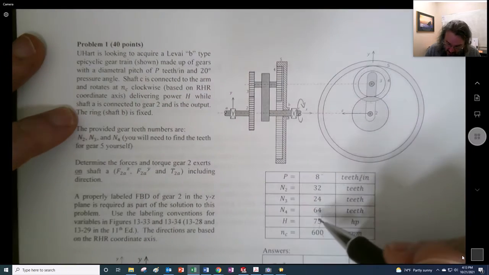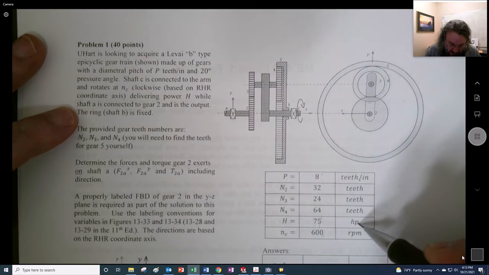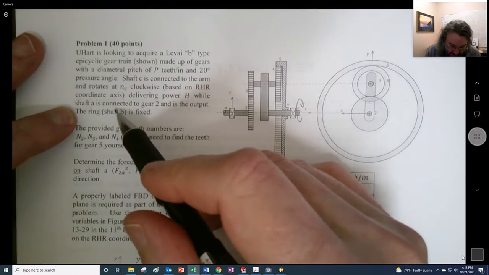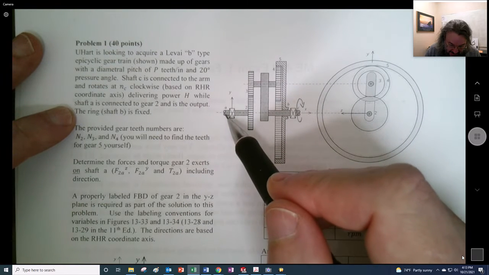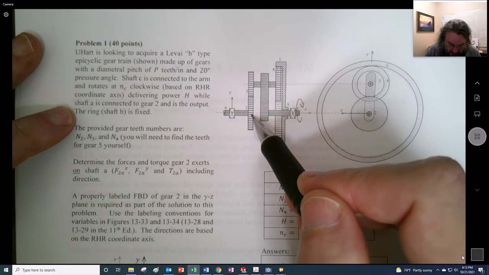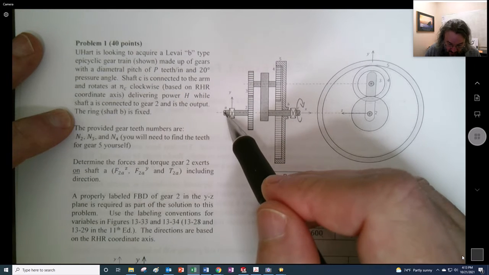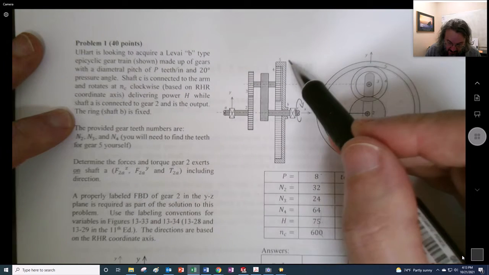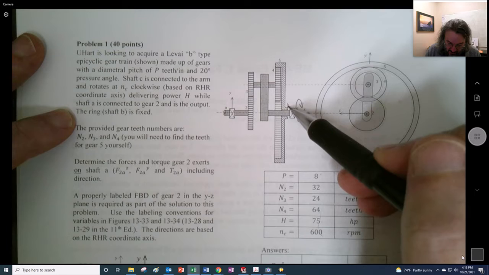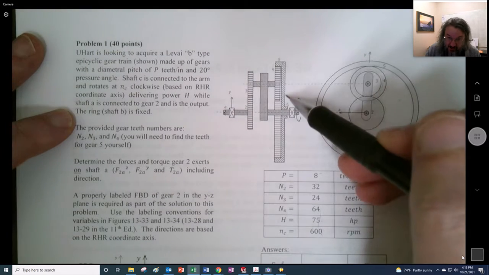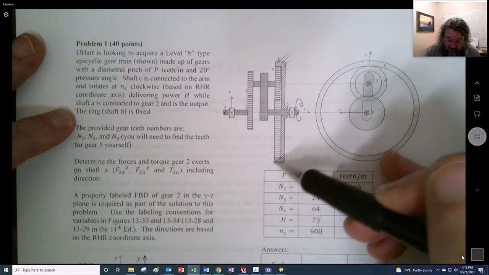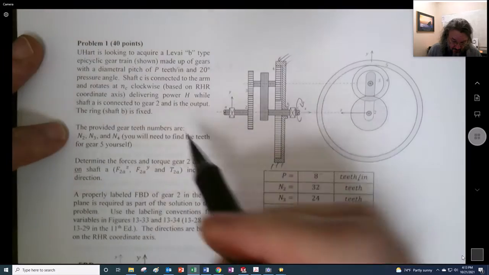And it delivers 75 horsepower, and shaft A is connected to this gear 2 and is the output. So this thing is going out, and this ring, which I'm calling B right here, is fixed. So it's a fixed ring.